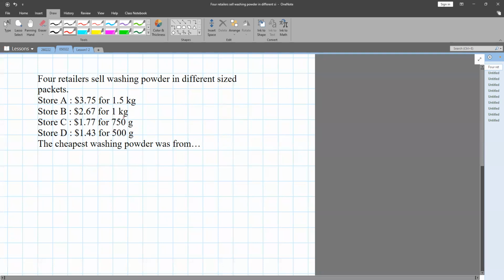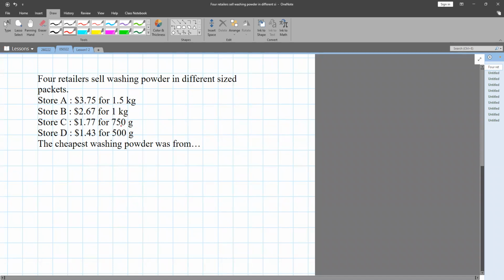So you have to make the units the same. Now the question is, do you want to change the kilograms to grams, or change the grams to kilograms? I want to change the grams into kilograms.